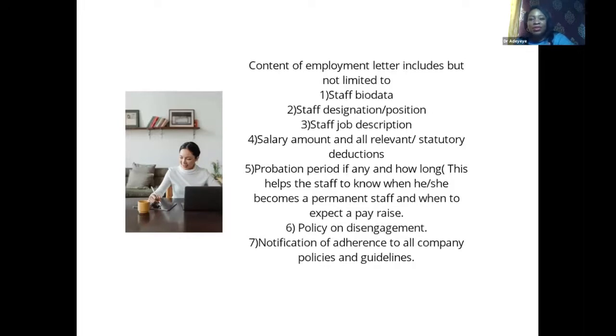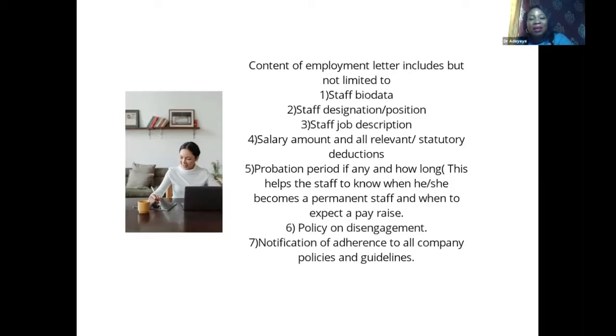I'm going to tell you a story soon, how this employment letter saved me as a business owner. It has saved me before, so I know what I'm saying. And you could need it to save you sometimes too. So write the person's job designation or position, and the staff job description too. What you are hired into, so position, and these are the things you will do.